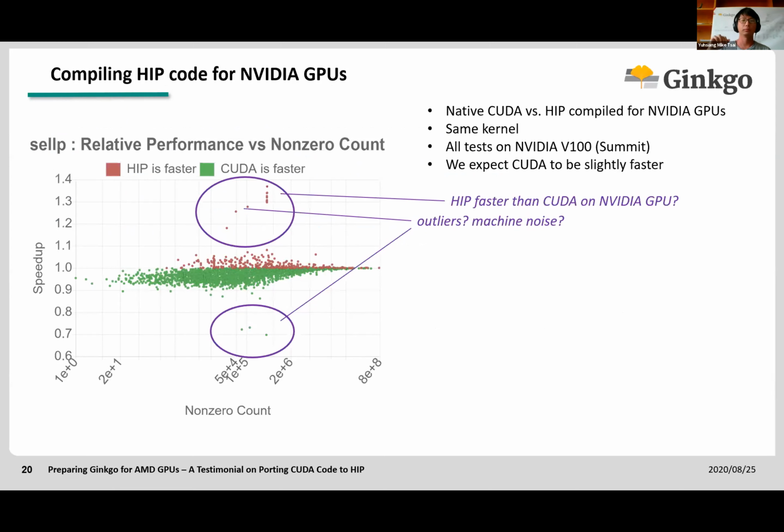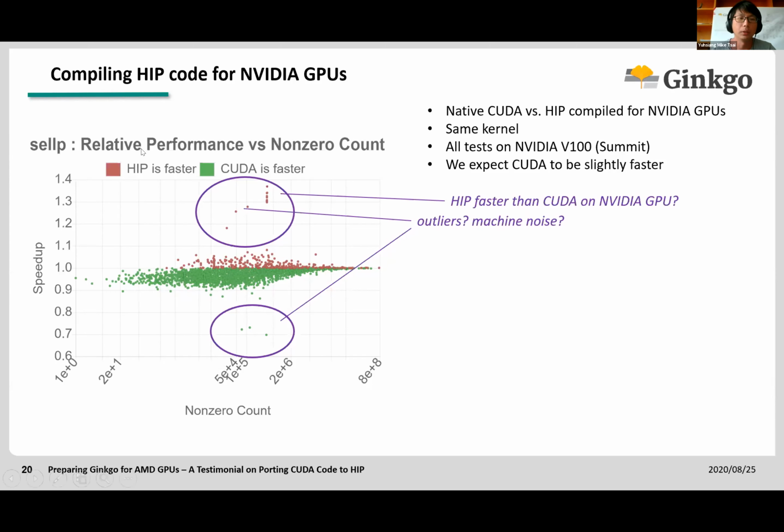So after that, for now, Ginkgo already supports HIP fully. Because HIP can also run on an NVIDIA GPU, we were also curious whether HIP affects the performance a lot or not. So we tried to run it on the NVIDIA V100 with the HIP language and the CUDA language. We expect CUDA to be a little faster because HIP will add one additional wrapper on CUDA.